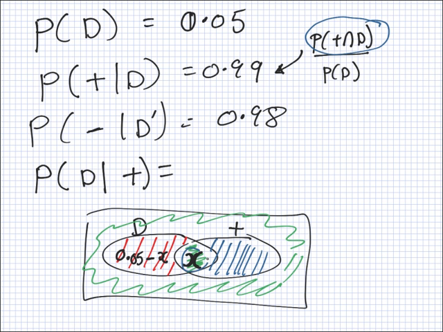There it is there. This here, we know it's 0.05, and we also know what this is supposed to equal, 0.99. So we can get this equation. We can get x over 0.05 equals 0.99. Okay, so this is looking good. What did we get for x here? 0.0495. Let me fill that in.